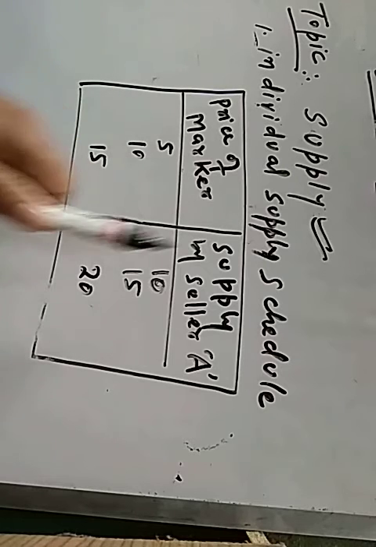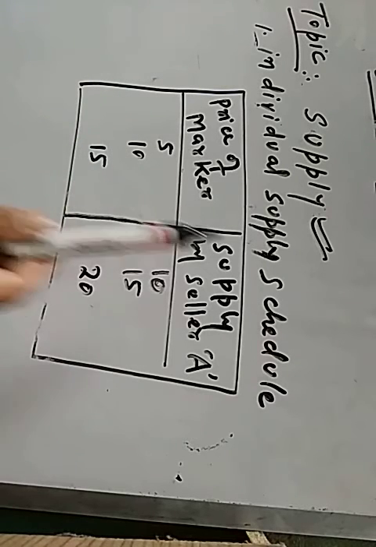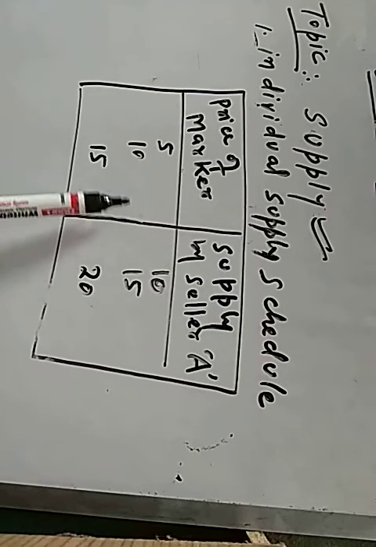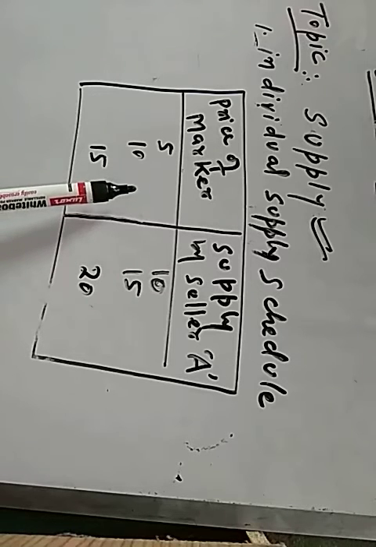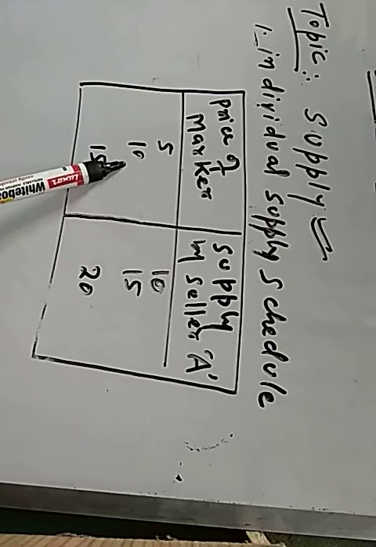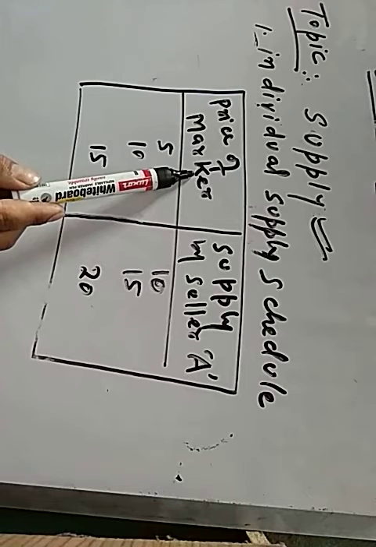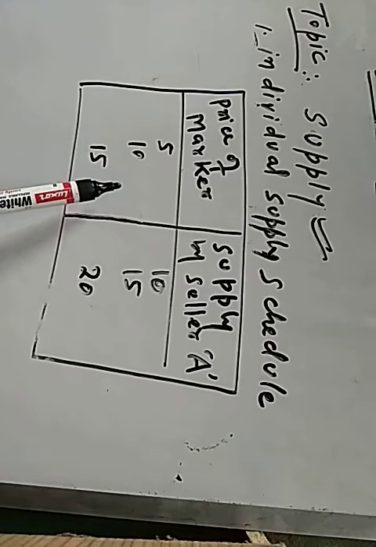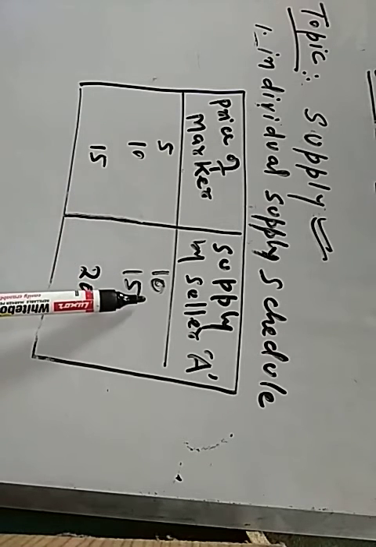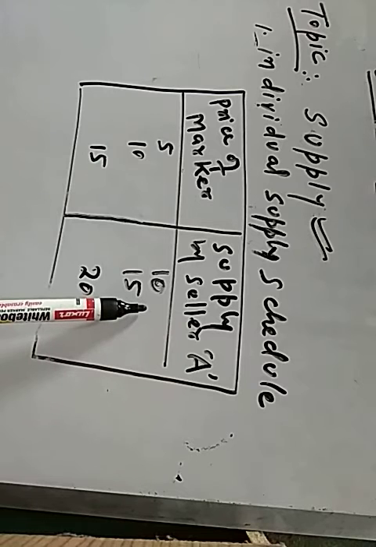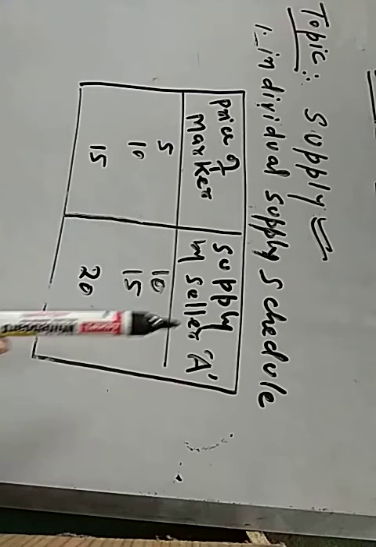This is the individual supply schedule that is showing supply in the form of a table. In this table we have shown different prices of a commodity marker and different quantities supplied by seller A.